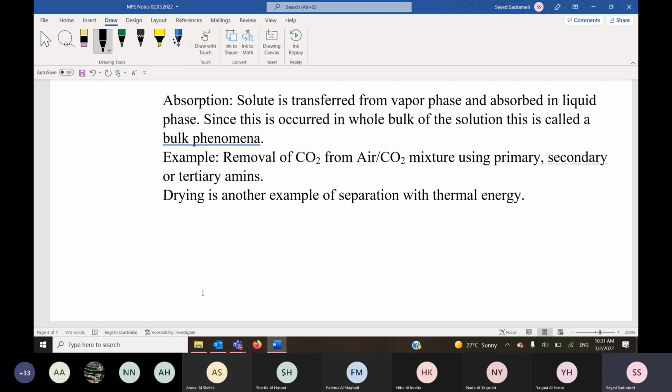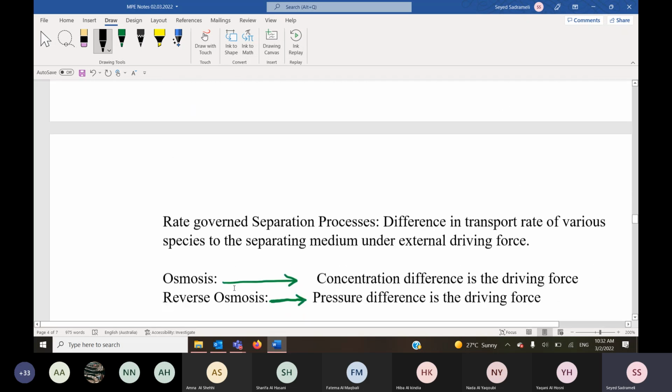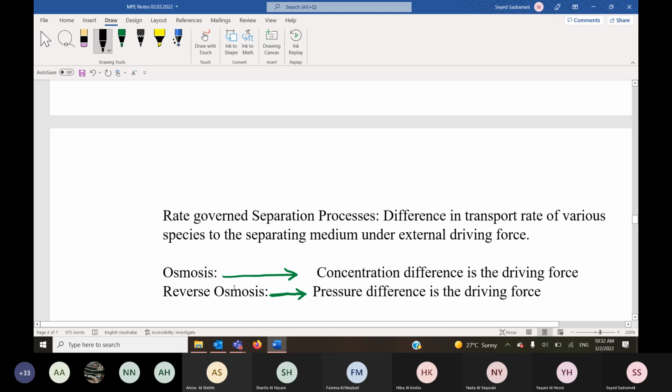So we have a mixture of air and CO2, and to clean the air from the mixture, you send it to a different column and wash it with amine solution to absorb CO2 from the air, and the air will be purified. Drying is another example of separation with thermal energy. So these are some examples of equilibrium-based or equilibrium-governed separation processes.